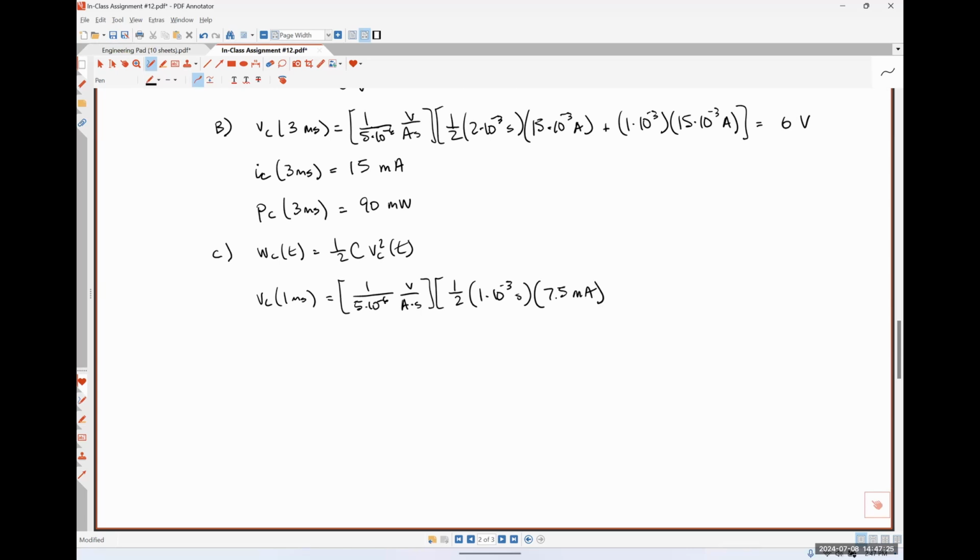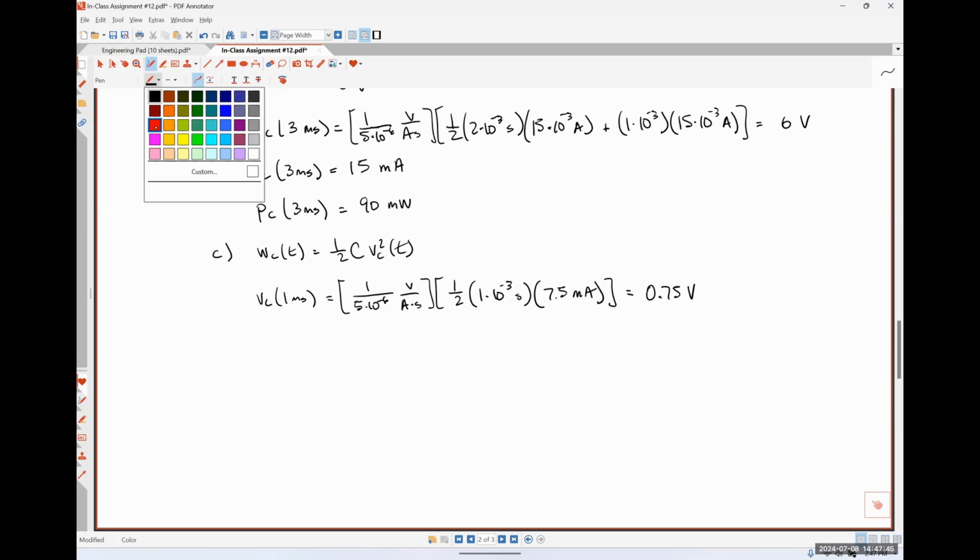So let's see, 1/2 times 7.5 is going to be 3.75 over 5, looks like 0.75 volts. If I did that correctly, I believe I did. Just to double check here.